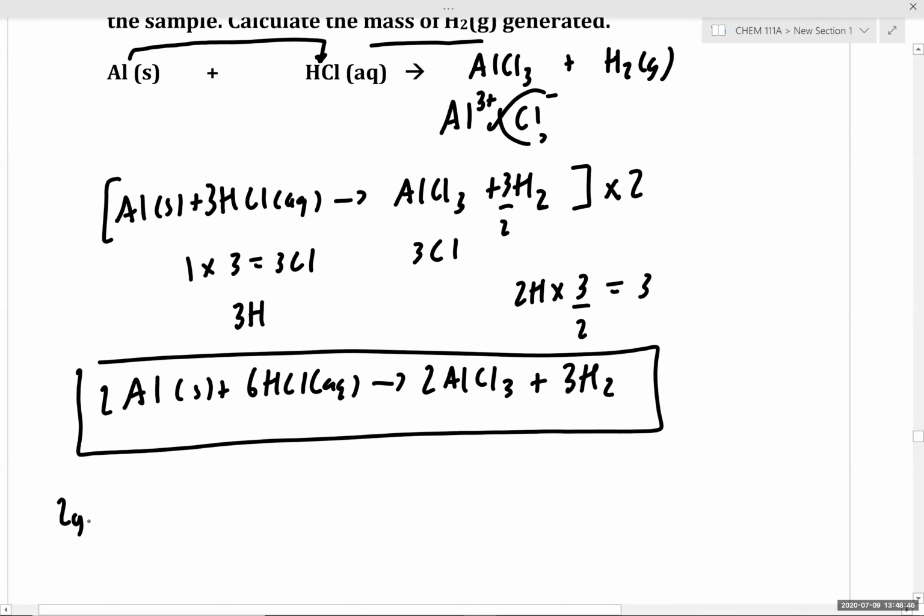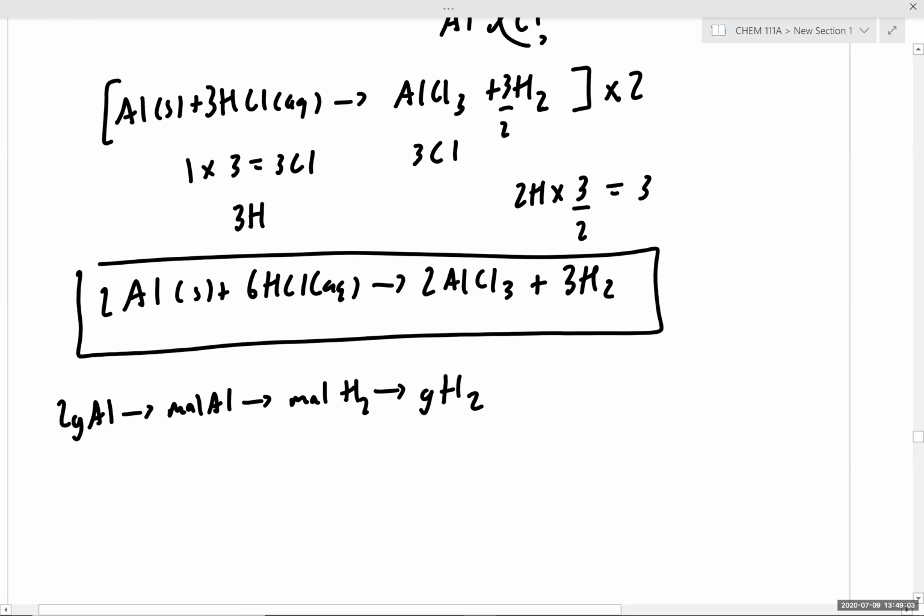So if we have 2 grams of aluminum, let's convert our grams of aluminum to moles of aluminum to moles of hydrogen to grams of hydrogen. When I say hydrogen in the context of a chemical reaction, I'm referring to H2. Okay, so 2 grams of aluminum, setting up my mole to mole conversion.